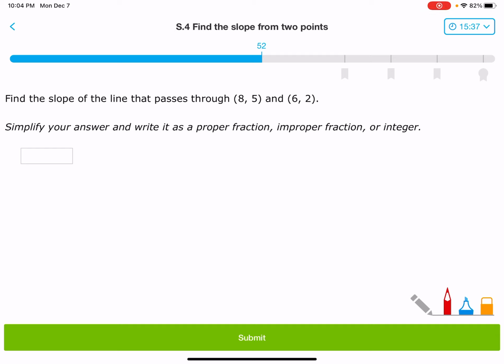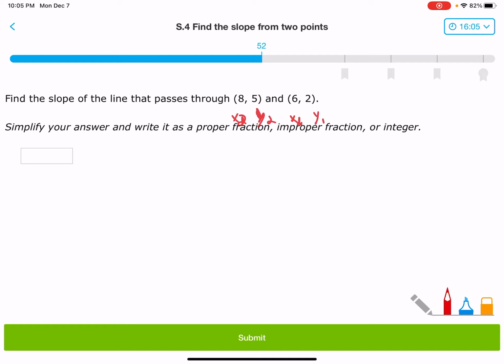Now, another way we could do it is, no matter what, if we flip these around, it's still going to be the same thing. So we can say 8 is our x2 and 5 is our y2, and then we can make this our x1 and this our y1. We can flip it around, it doesn't matter. Either way, it's still going to work.